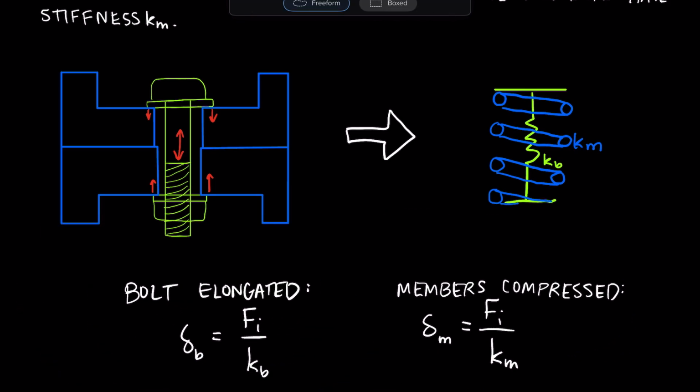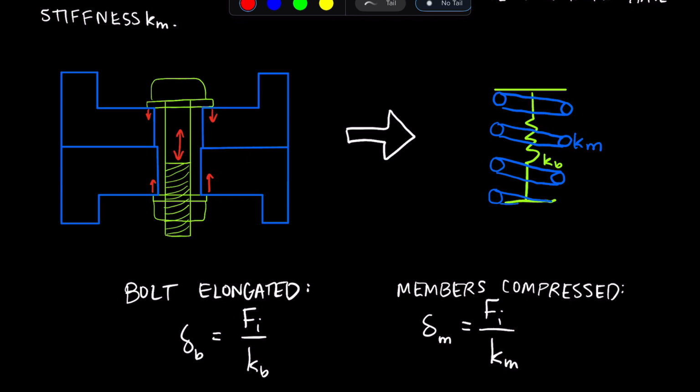Okay, and also the members are almost always going to be stiffer than the bolt. So if we think about a standard bolted joint, these 2 clamped members here that we've drawn, let's imagine that they're made out of steel. So when we're compressing on this solid steel, it's not going to compress all that much. But now the bolt, which maybe it's also made out of steel, but it's a smaller section of steel, right, that's being elongated.